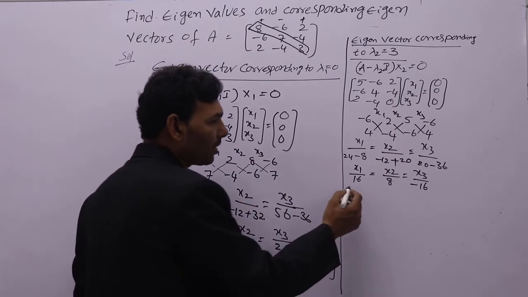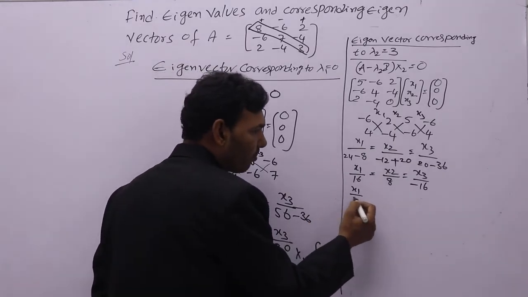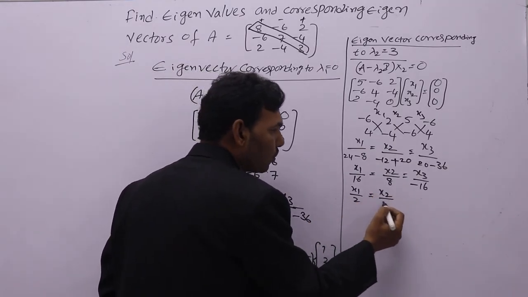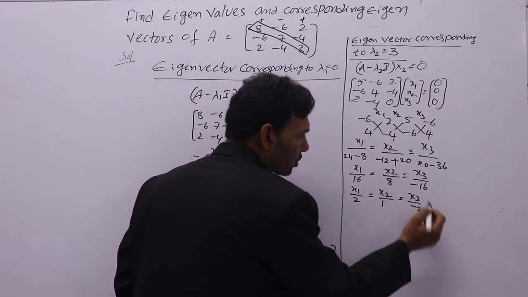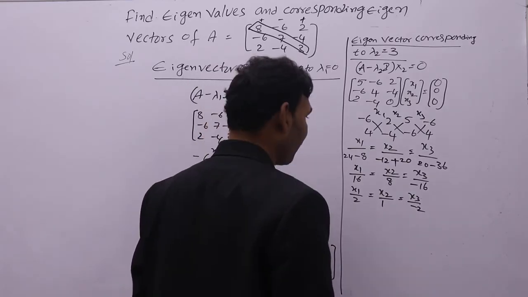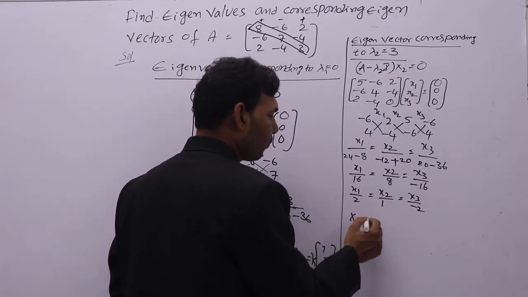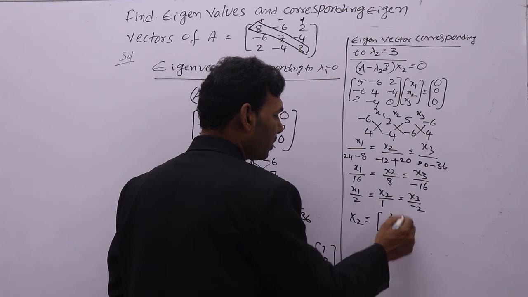Now cancel with 8: x1 is 2, x2 is 1, x3 is minus 2. So the second eigenvector x2 will be 2, 1, minus 2.